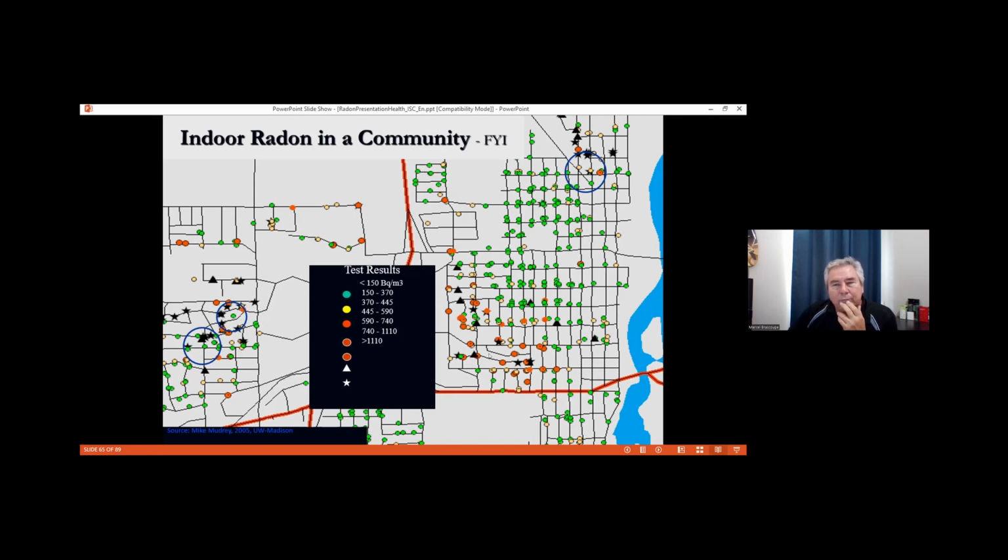So we see that a lot in the distribution here, where right next door, the neighbor has levels less than 150, and the neighboring house has levels over 1,000. So that's common to see. It's not because you have a radon problem that automatically your neighbor has a radon problem, or vice versa. Really, you have to measure to find out if you have a radon problem or not.